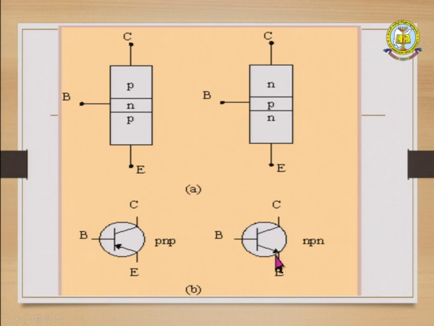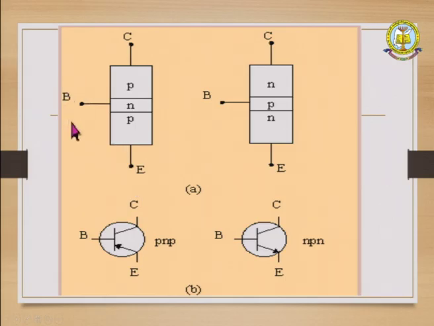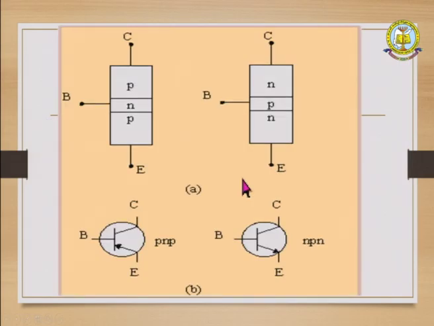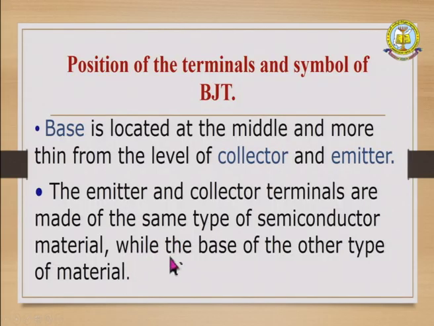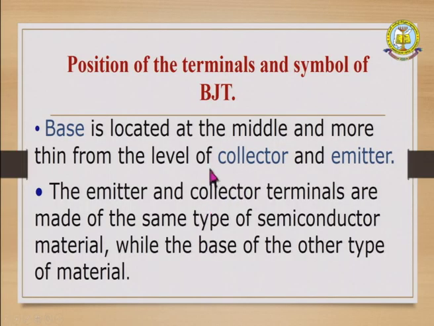Here the base, the emitter and the collector are marked. The arrow mark always sits at the emitter position. The base is thin compared to the collector and emitter.